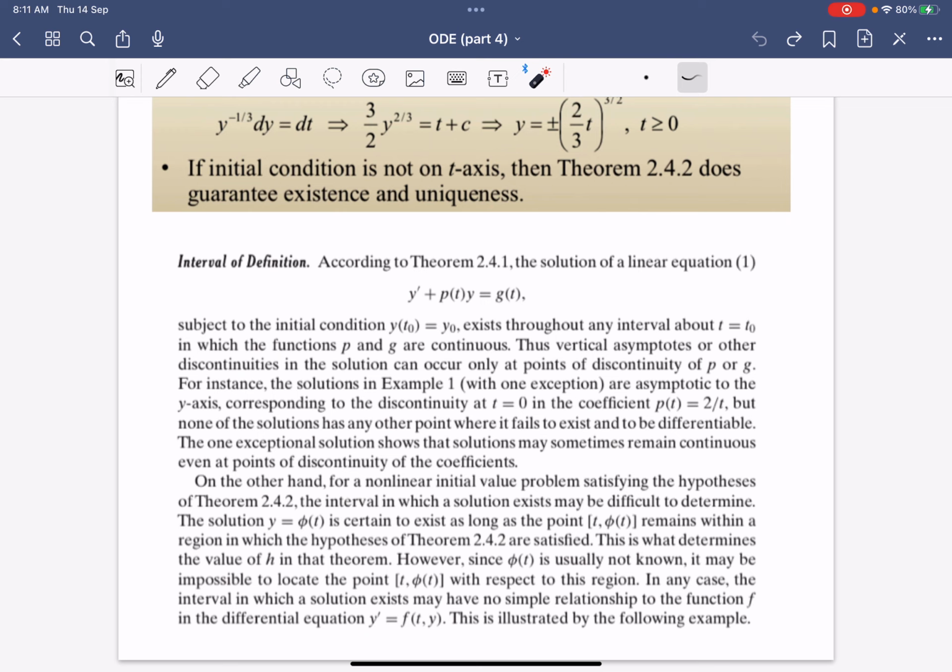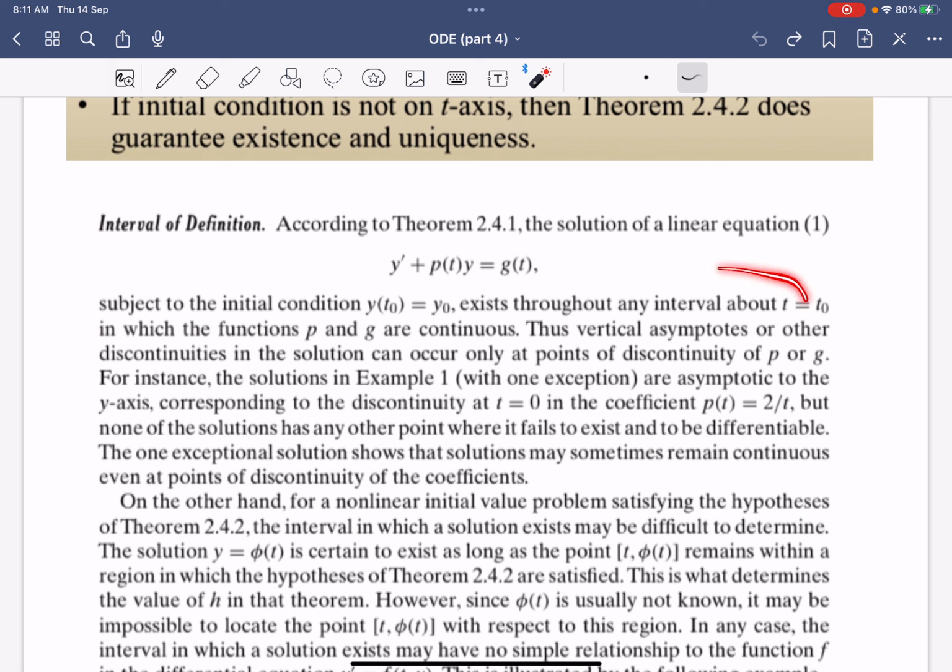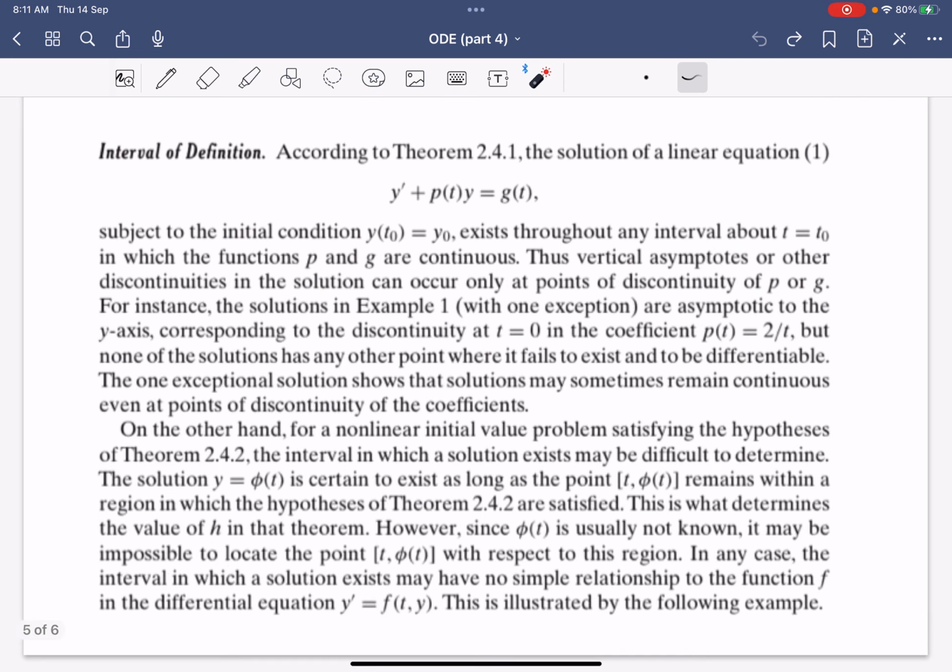In our previous videos, we have already done examples to find this interval of definition, and it's basically where there is a vertical asymptote or discontinuity in the solution. For non-linear ones, it will sometimes be difficult since you don't know what restriction on the interval will be needed to find where this solution exists, but at least we know it does.